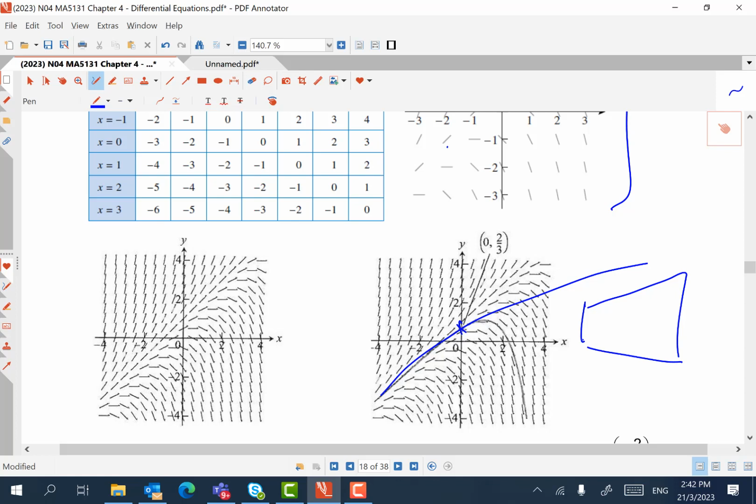Likewise, if you are asked to draw a slope field, you must exercise judgment, your gut feel. Based on your gut feel, you think that the curve should be curving like this.